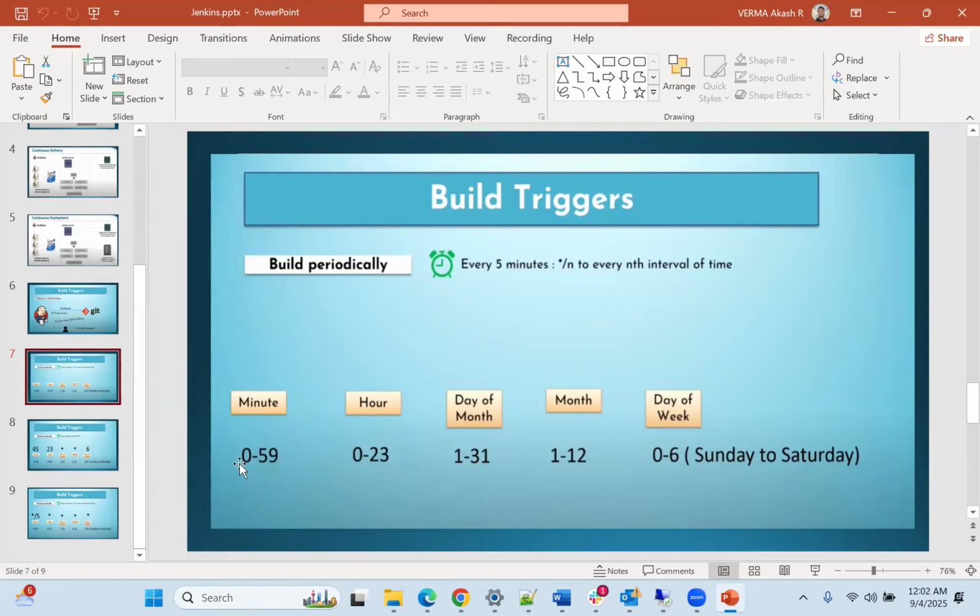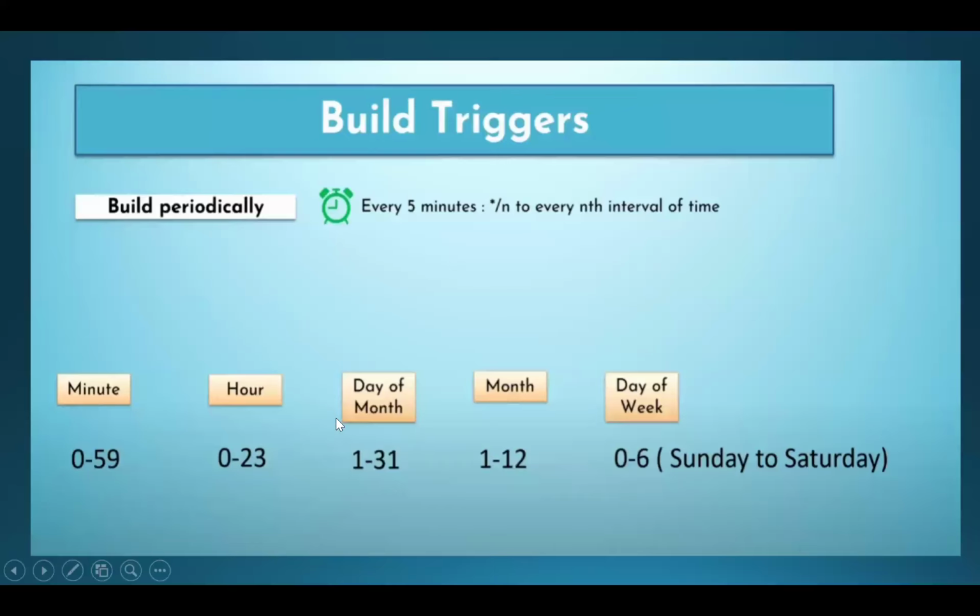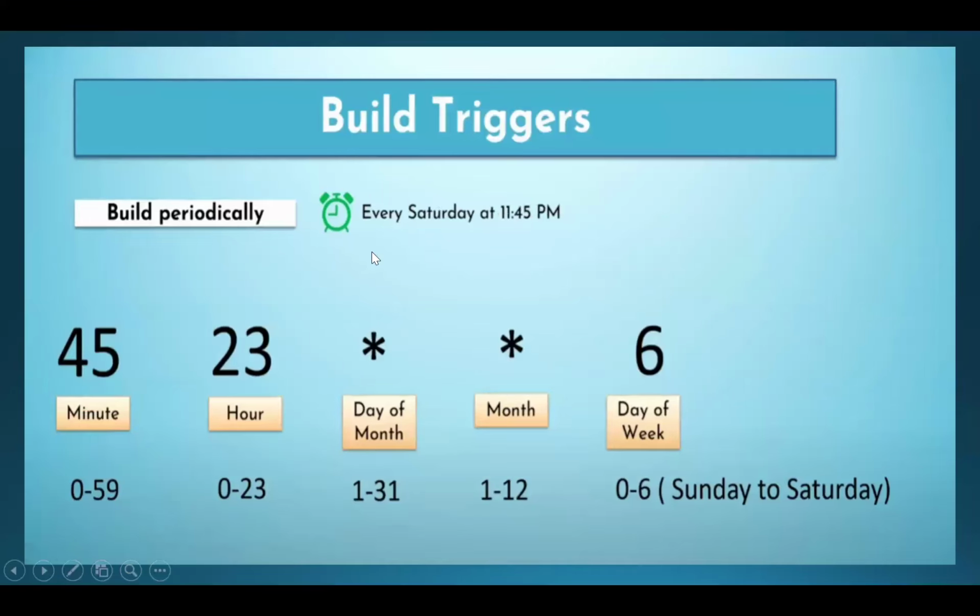The first star is for minutes, 0 to 59. Another one is for 0 to 23, basically the hour. The third one is for day of month. The fourth one is for month, and then the day of the week. So if I want my trigger to happen at 11:45 p.m. every Saturday, 45 is for the minute, 11 will be termed as 23, right?